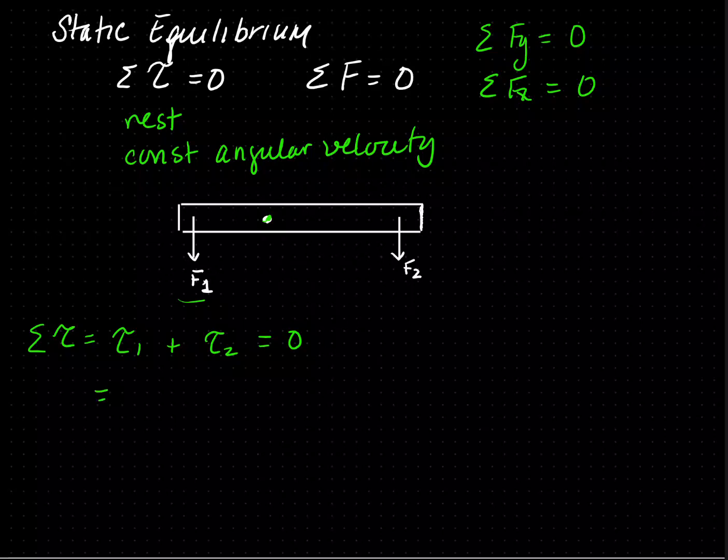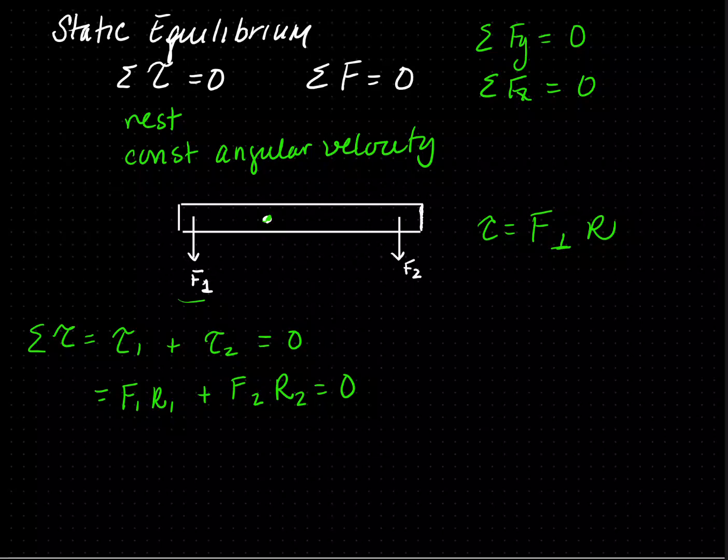The general formula for torque was force perpendicular to the distance, which we'll label r. So this will be force of 1 times the distance of r1 plus force of 2 times the distance of r2. This has to equal 0.